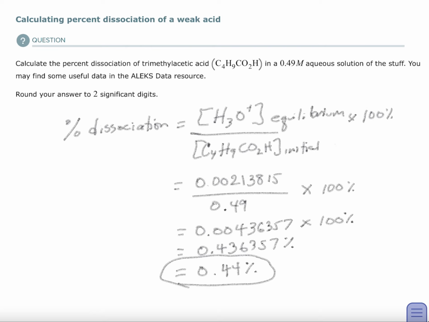So I simply took that, divided it out, and got 0.436357%, and they asked for two significant digits. So for this one, it would be 0.44%.